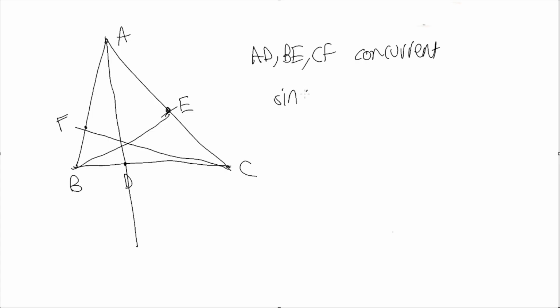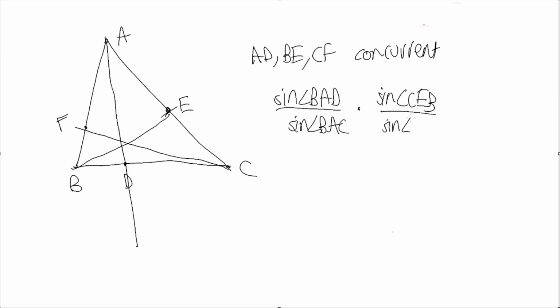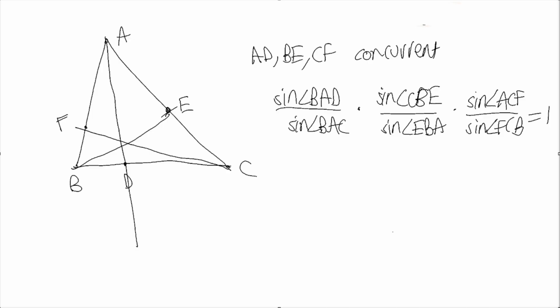So sine angle BAD over sine angle BAC times sine angle CBE, my bad, over sine angle EBA times sine angle ACF over sine angle FCB. And this is equal to 1.